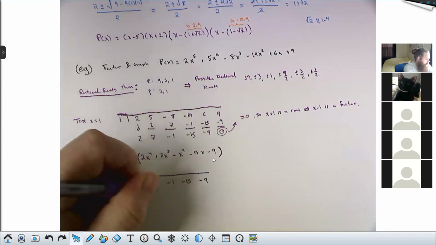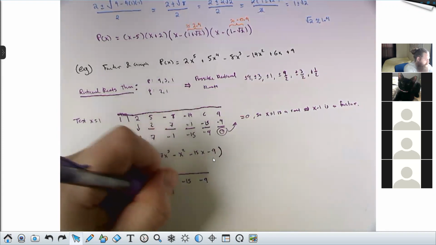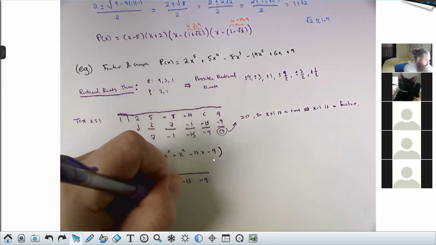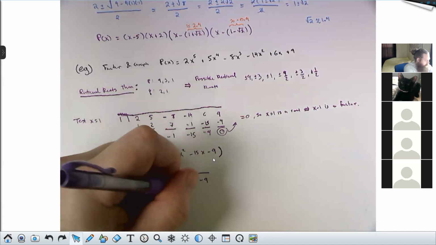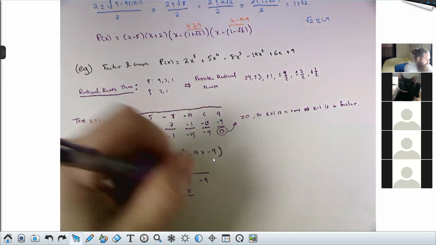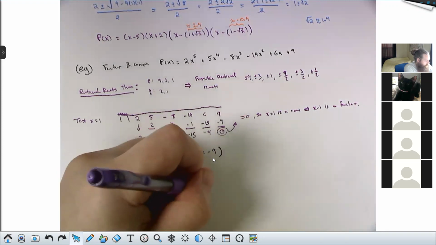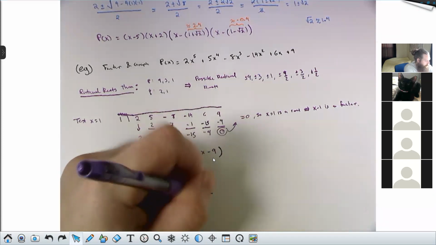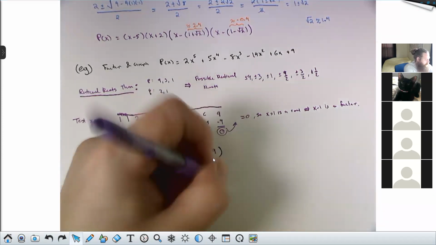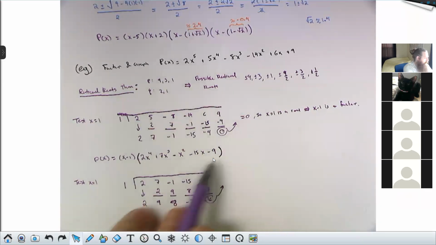So I bring down the 2, 9, this would be +8, and -15 and 8 is -7. 1 times -7 is -7, and this would be -16. Okay. So while 1 was a root of the original, it's not a root of this quotient.